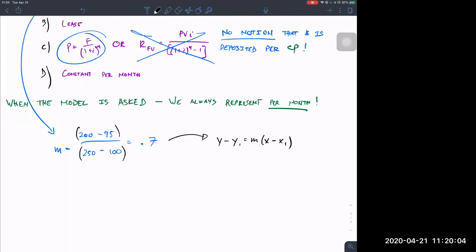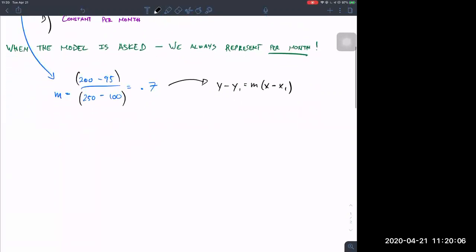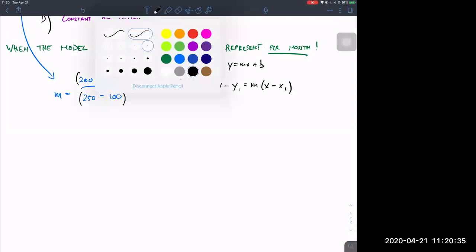And I know I said this a couple of times, remember, if you are an algebra student that's proficient and you don't like using this method because you learned a different method like I did back in the day where you use y equals mx plus b formally, and then you re-plug in, you solve for b, you can do it that way. But this is for those that I've taught and your algebra background is either shaky or needs to be rehashed or whatnot. So remember, this one goes like this.